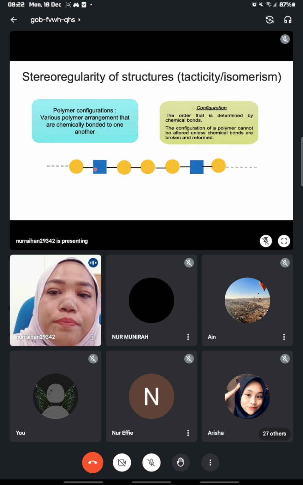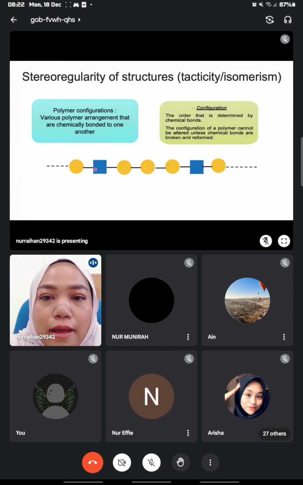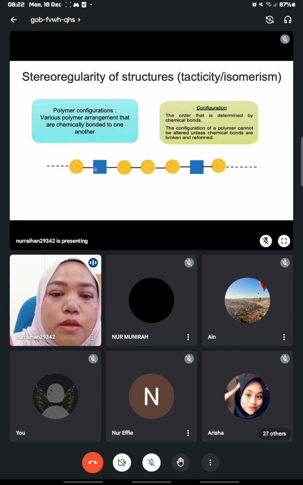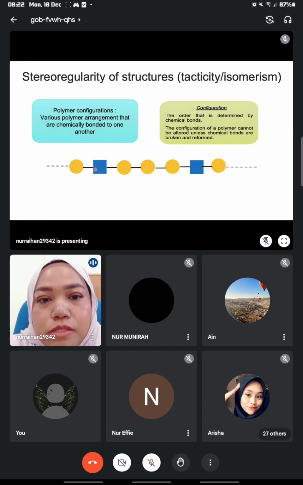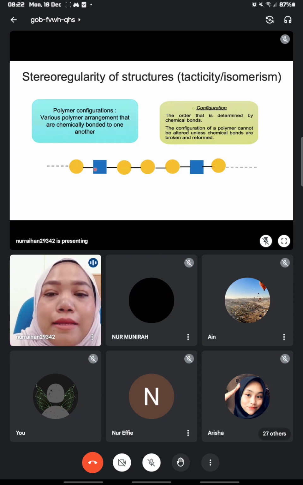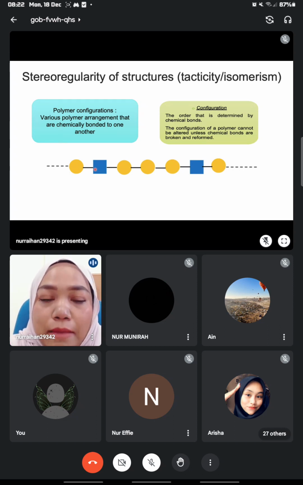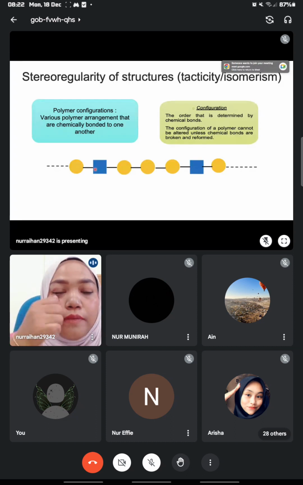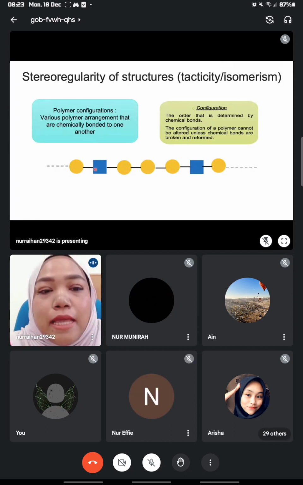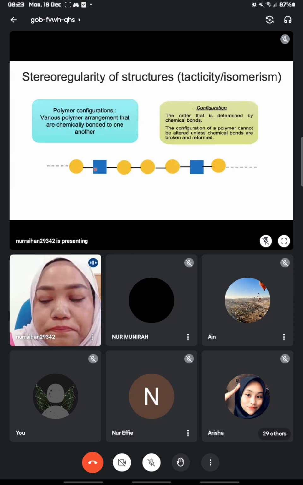But when you apply extra high energy, such as heating at a high temperature or pressure, this can cause the chemical link to be broken. At this time you can alter the polymer. This bonding can be broken and can be reformed back when you remove the energy, you remove the heating and so on.